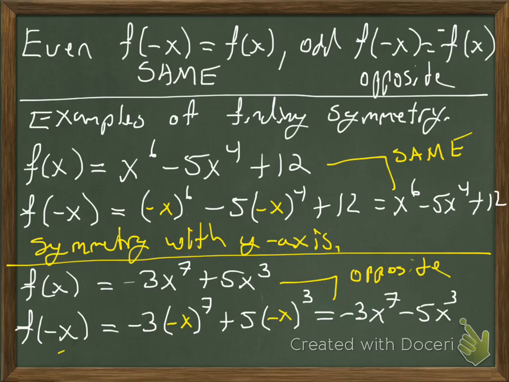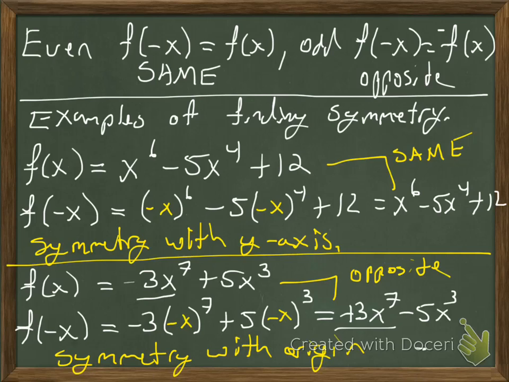So these are in fact opposite. So if it's opposite, it's symmetric with the origin. So here you got negative 3 and positive 3, 5 and negative 5, so exactly the opposite. So this is symmetric with the origin.